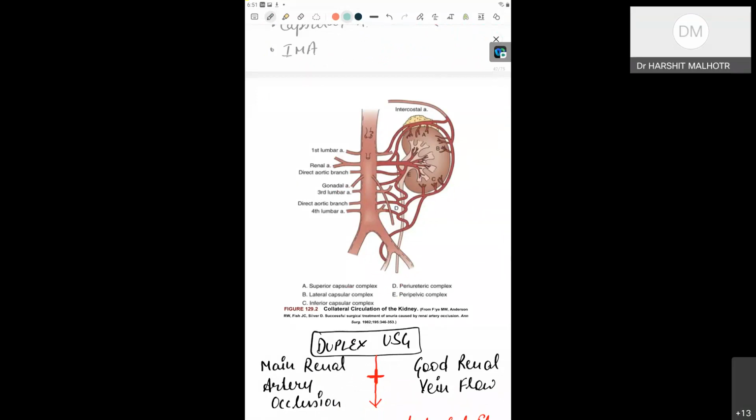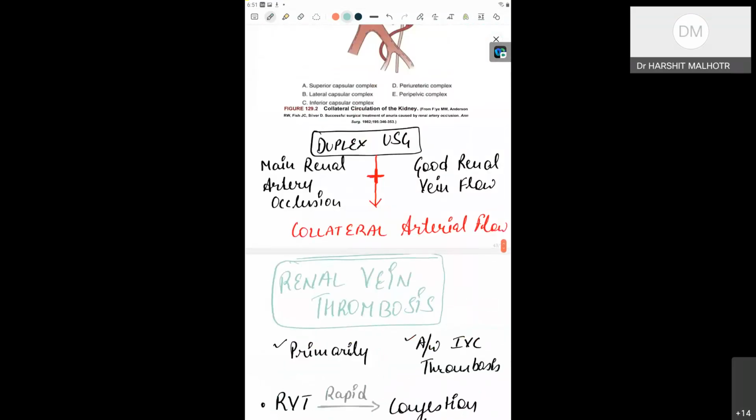So as I told you, the different named arteries are the ones supplying, and they act as a collateral circulation, and hence they salvage the renal functions even in a case of arterial occlusion. So what do we find in a Doppler imaging? Doppler ultrasound shows that even when there is a main renal artery occlusion, we see a good renal vein flow, so this means there is a collateral arterial flow which is taking care of the renal vascularity.